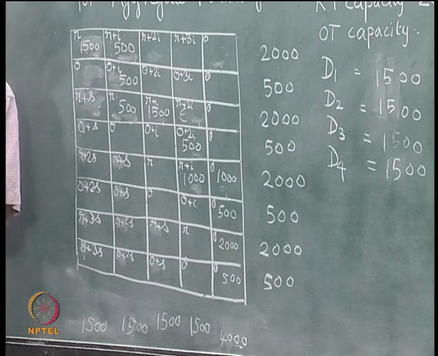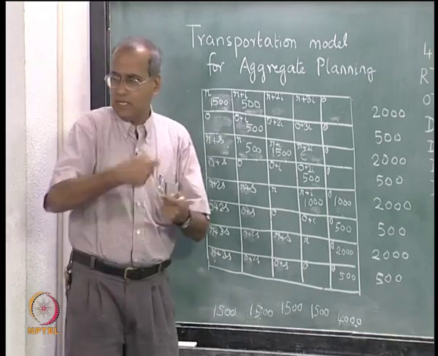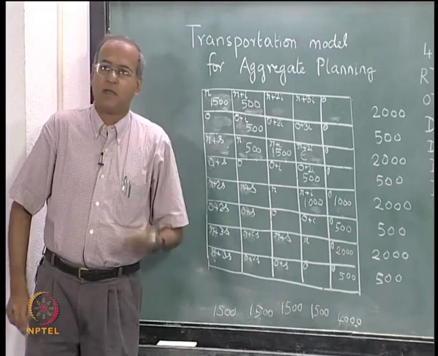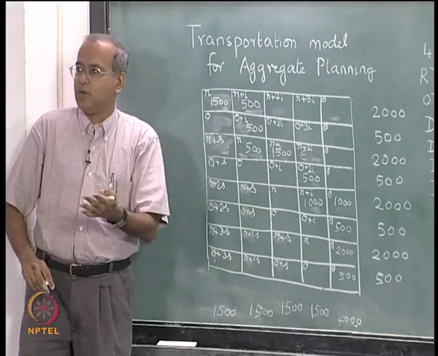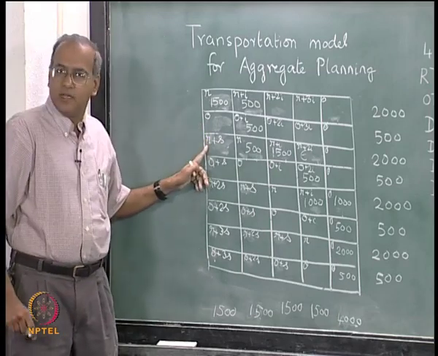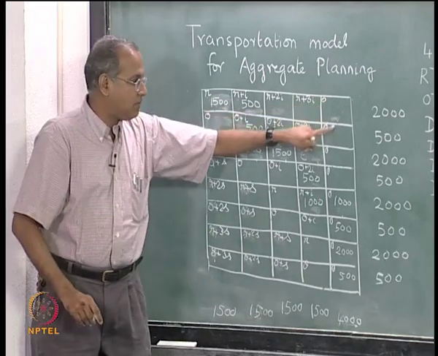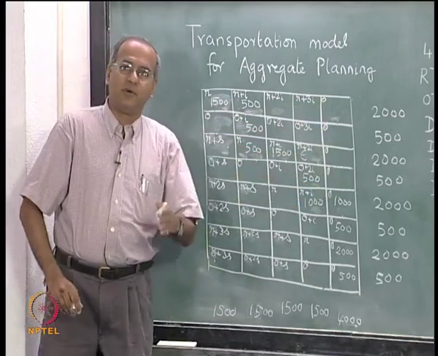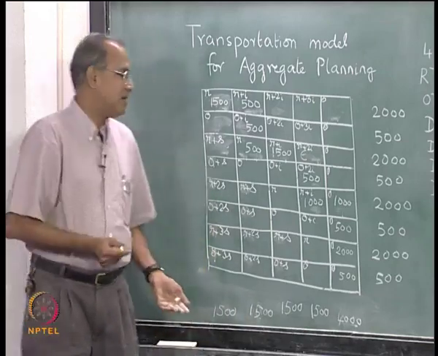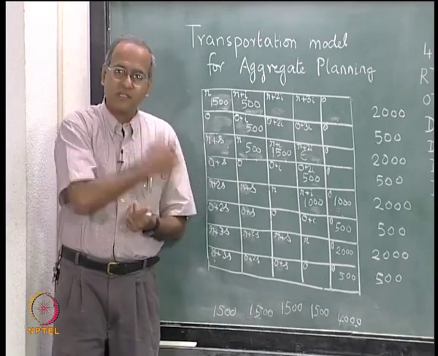If we apply the stepping stone method, then we have to evaluate the net increase or decrease for all the remaining 28 positions, because the simplification rule does not work when we consider back ordering. If we did not consider back ordering, then it was enough to do it only in 4 positions. Now, we have to do it for all the 28 positions. But as I mentioned earlier, most of the times now we do not use northwest corner rule or we do not solve by hand.